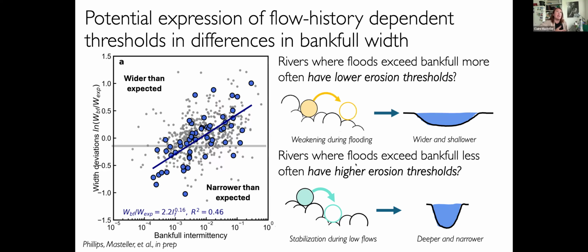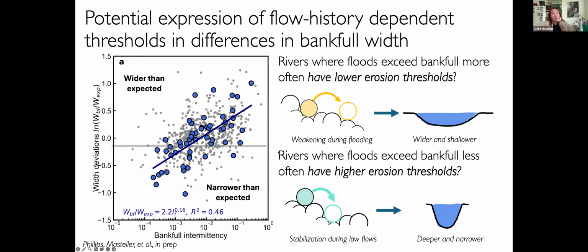So can we posit that rivers where floods exceed bankfull more often ultimately have lower erosion thresholds, such that if we're more often experiencing these higher magnitude flows that are causing weakening during these flooding events, our rivers become wider and shallower because they become easier to erode? They don't require as deep of water to start mobilizing sediment.